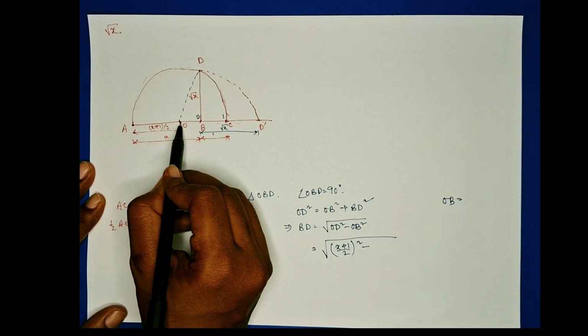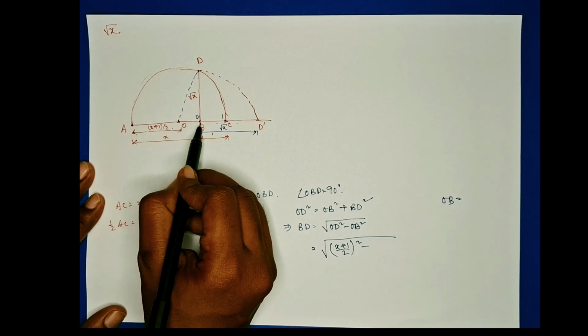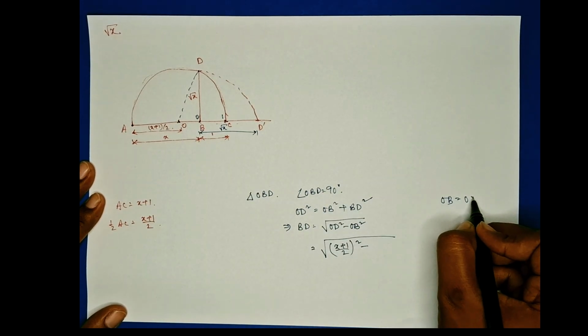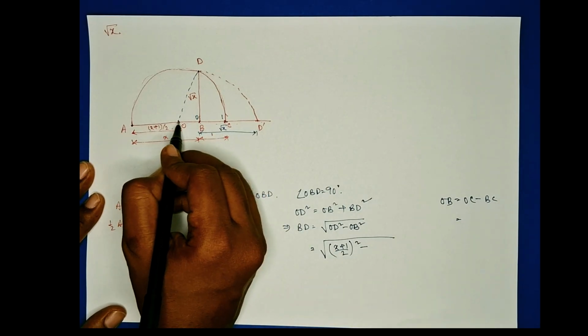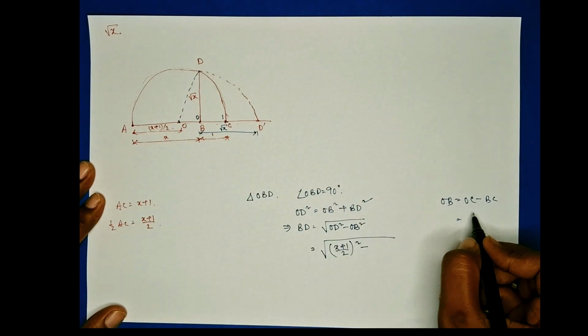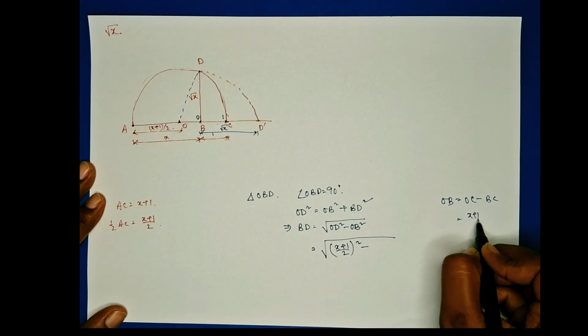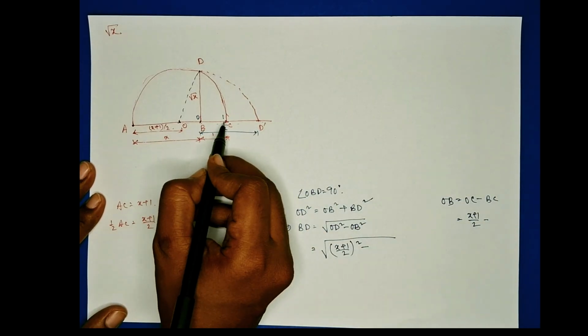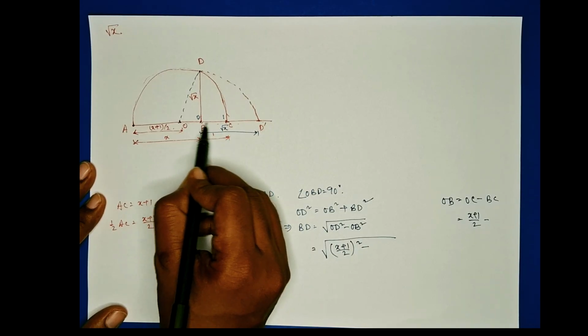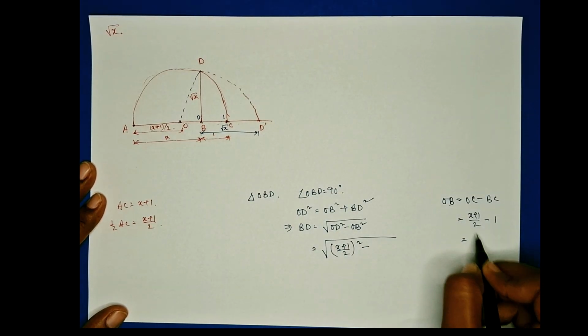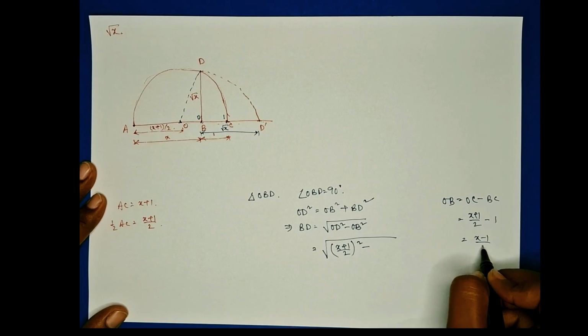You see, OB is equal to OC minus BC. Now what is OC? OC is the radius of this circle. OC is (x plus 1) by 2. And what is BC? BC is 1. We have taken 1 unit from B to C. That means this will be (x minus 1) by 2.